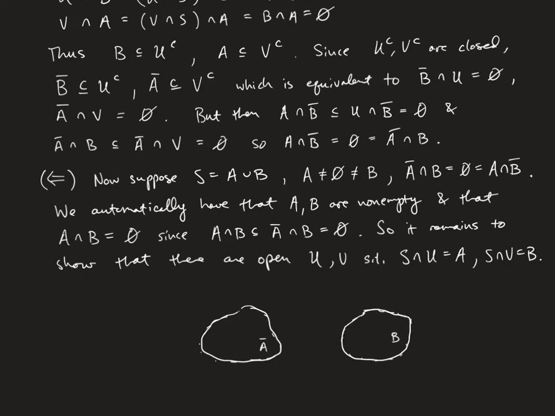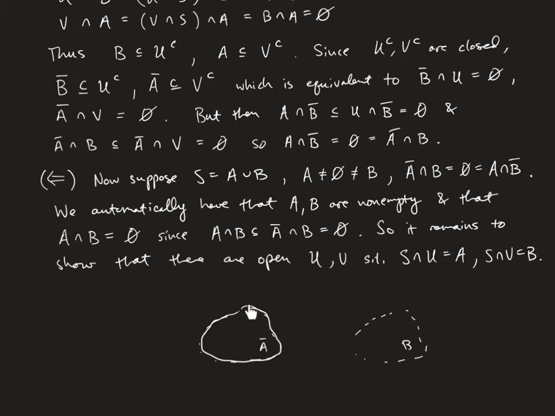So this is now A closure and B closure. Sorry, if we take the closure of A, so just take the closure of one of them and leave B what it is, these two sets are disjoint, right?